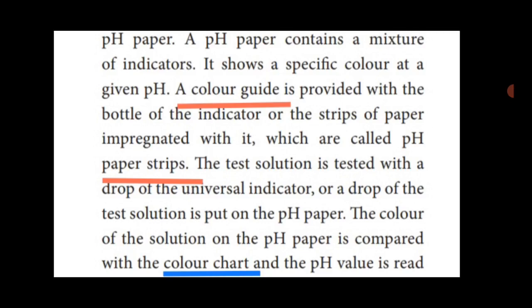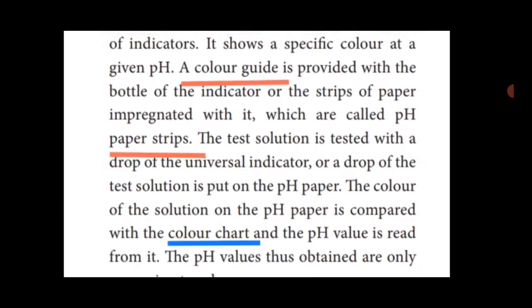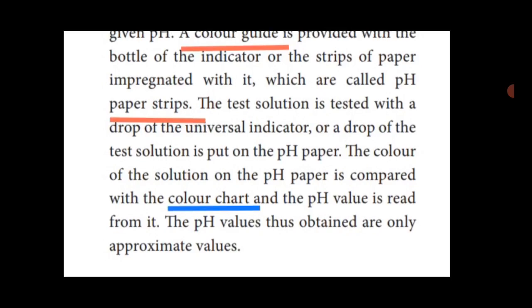Drops of the test solution are put on the pH paper, and its color is compared with the color chart. The pH value is read from it. The pH values thus obtained are only approximate.